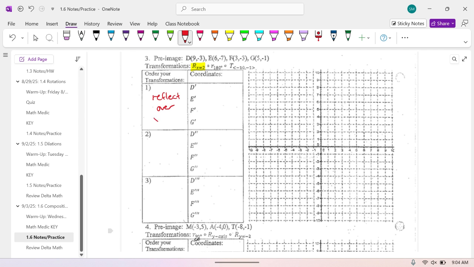Reflect over the line x equals 2. So remember, if you're just reflecting over a line, this is a vertical line. There's no set rule for it. Just physically draw it and then do the equidistant method. All right. So it's got to be equidistant from that line x equals 2. So that line would be right here.